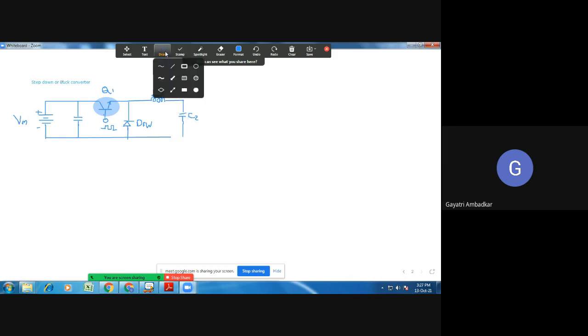And then there is a load. So here the load is connected.